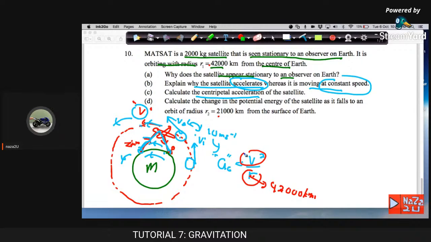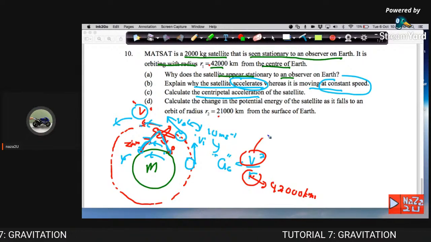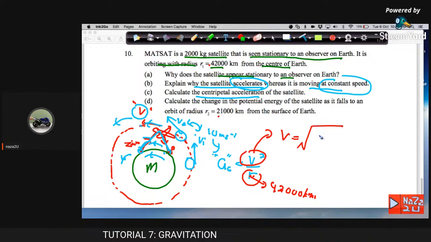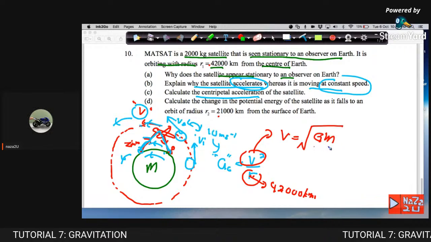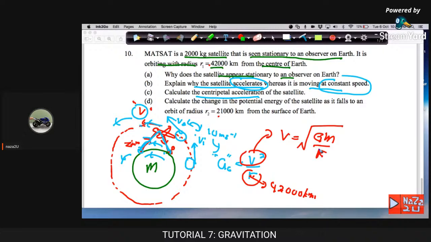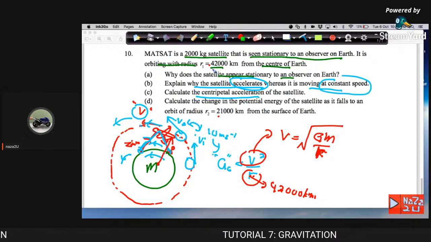So v, dia tidak bagi speed of satellite, tak ada. Oh, dia tak bagi kat sini. So kita kena kira lah. Okay, orbital speed kita kena balik guna persamaan square root of GM over r, ataupun arc, tak kisahlah. Cuma r kat sini adalah daripada pusat bumi kepada satelit. Radius bumi kita tahu adalah constant.